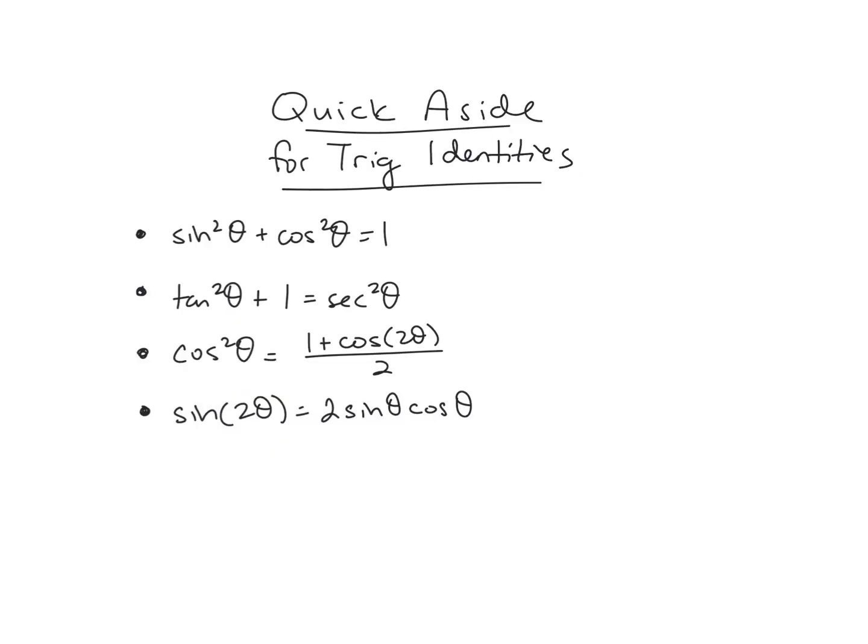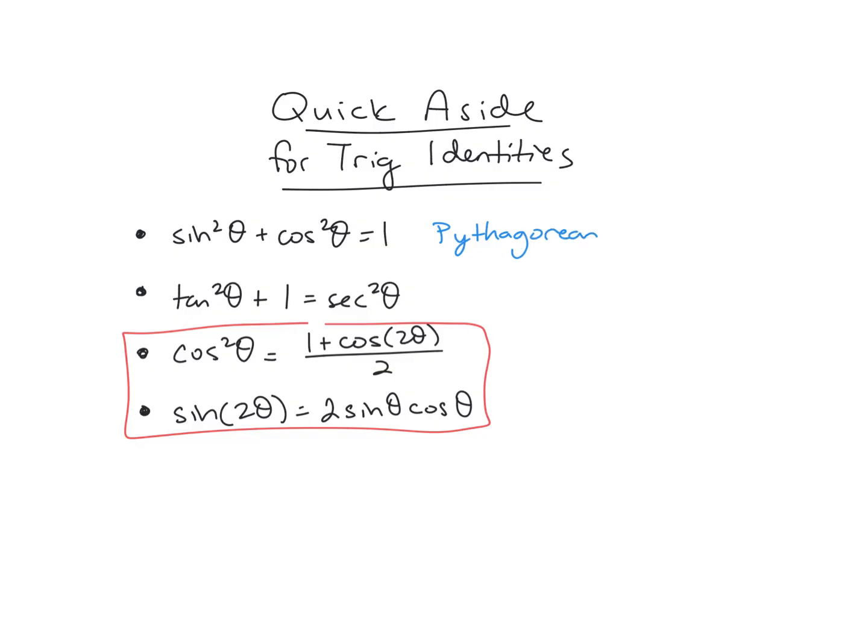So before we do that problem, I'm just going to do a quick little aside here. This is something that I would always give you, well, I guess specifically these two here. These are some trig identities that are very useful for trig substitution in general. So this first one is the Pythagorean identity.